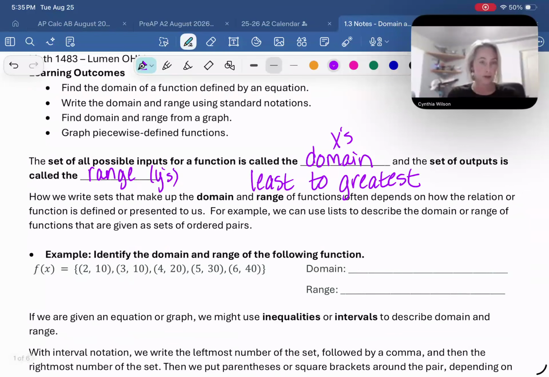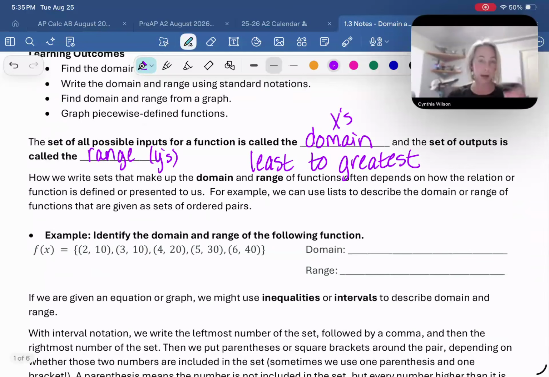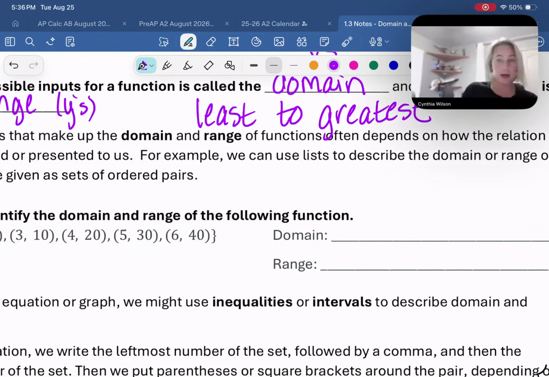So in this first example, identify the domain and range of that function. I can see that it's a function because there's no repeating x's. 2, 3, 4, 5, and 6. Nothing repeats. So you list the domain as best you can. You draw a brace, which is like a curly bracket. Nobody's judging.